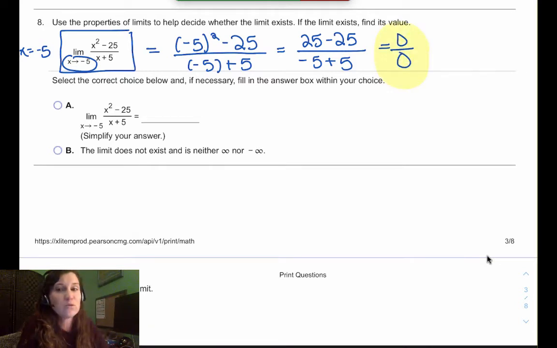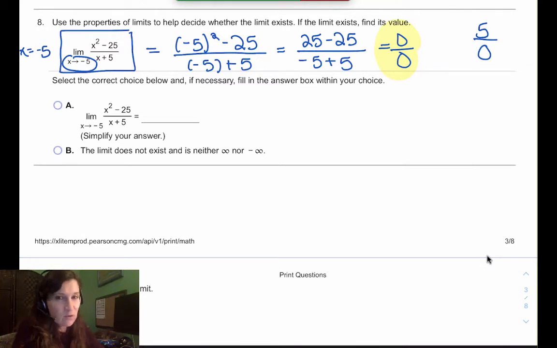So 0 over 0, mathematically speaking, is something special, in terms of it being different than if you had ended up with something like 5 over 0, where we would just say it's not defined and the limit does not exist.